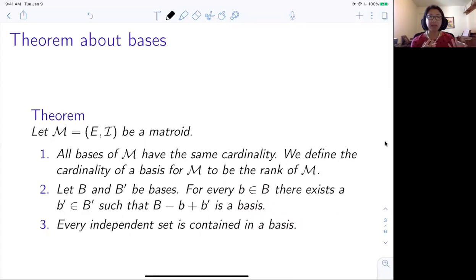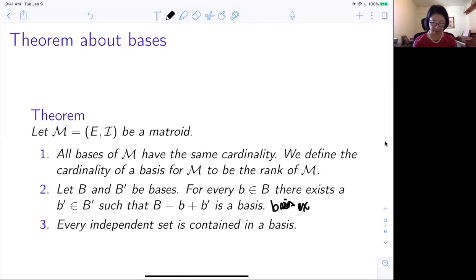What else? So if I have two bases B and B prime, and I take an element little b in capital B, then I can take that element out and find an element of B prime that I can put in. So I get B minus b plus b prime, and that will be a basis. And that's called the basis exchange axiom.